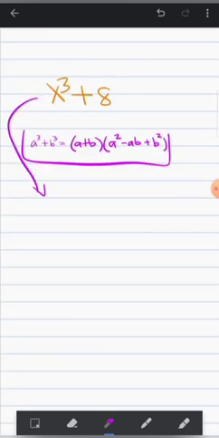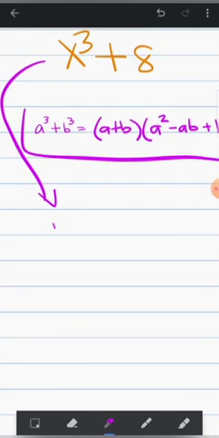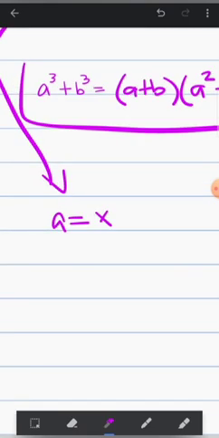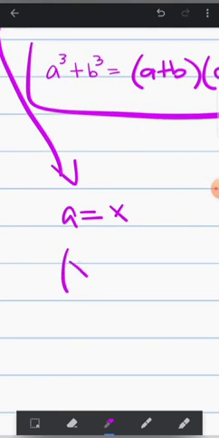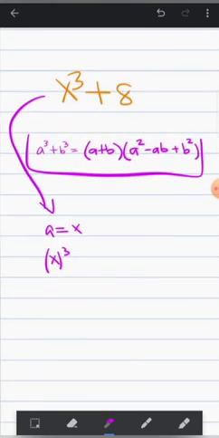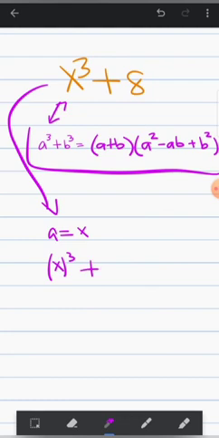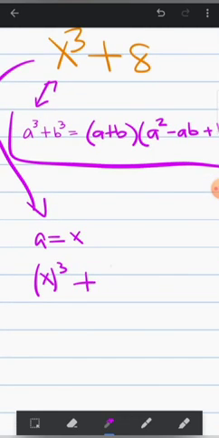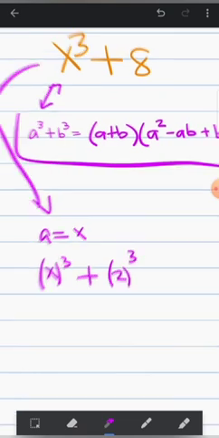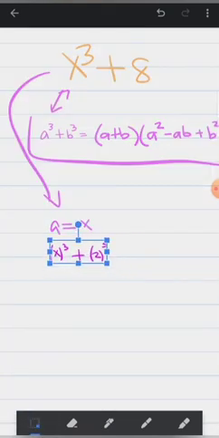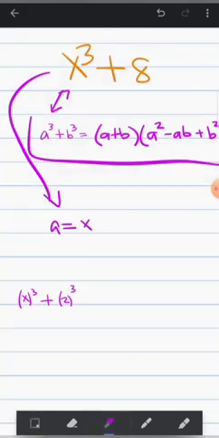In this case, our a is x. So a equals x, so it's in the term x cubed. So a cubed is x cubed in this case. And 8 is the product of 2 times 2 times 2, so 2 cubed.